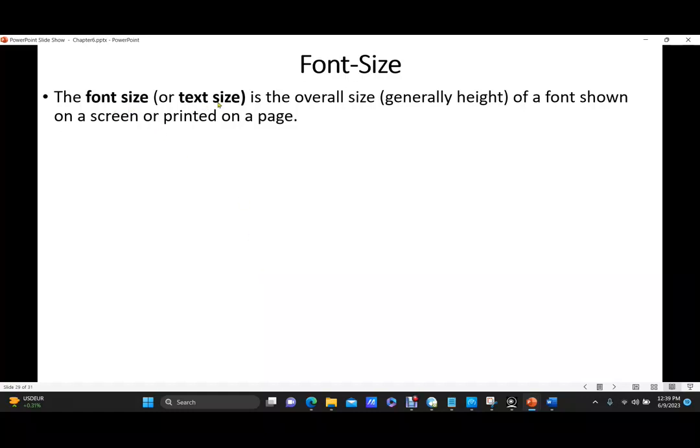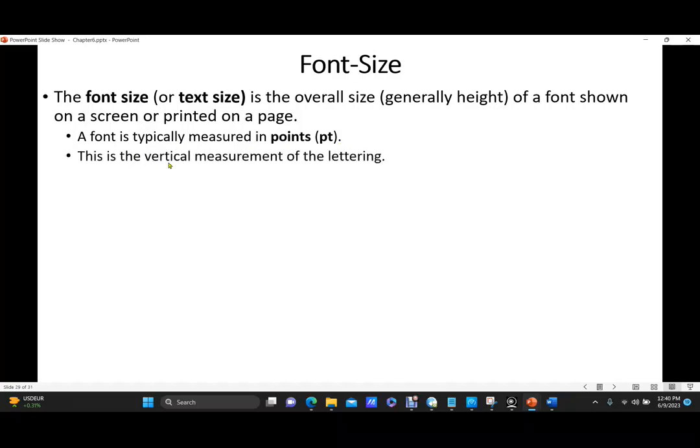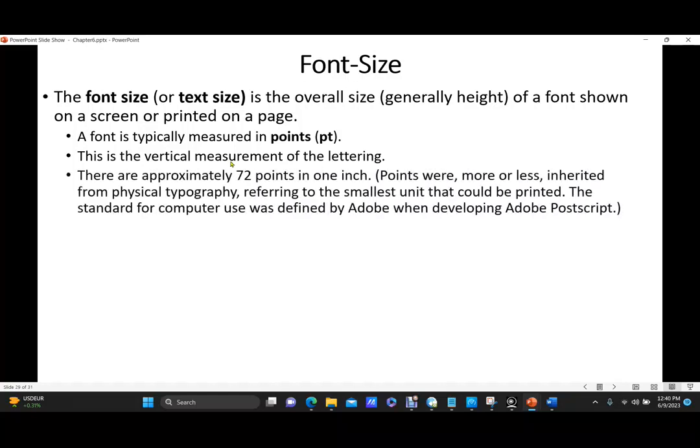Font size, or text size, is the overall size, usually describing the height, of a font as it's displayed on the screen or printed on the page. Fonts are typically measured in points. That's the vertical measure of the lettering.